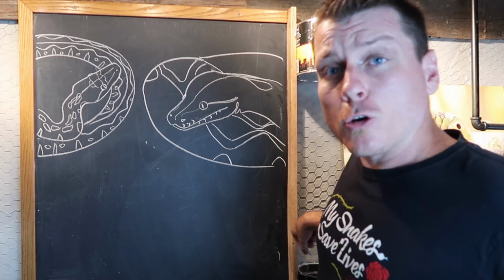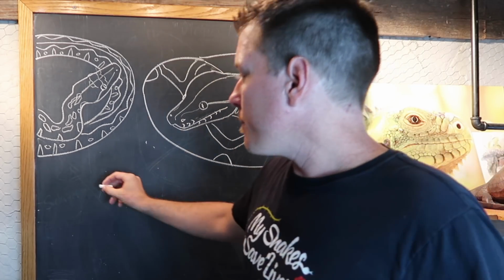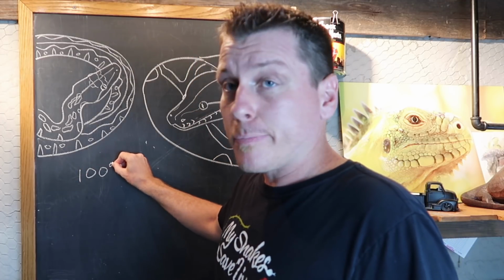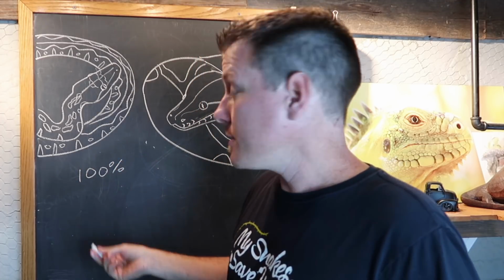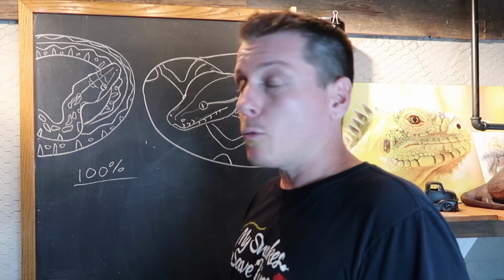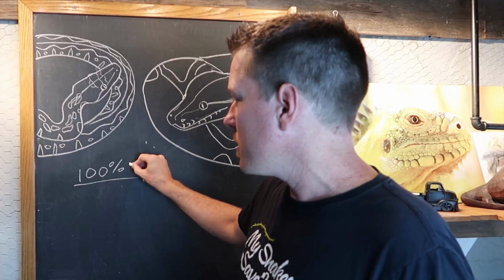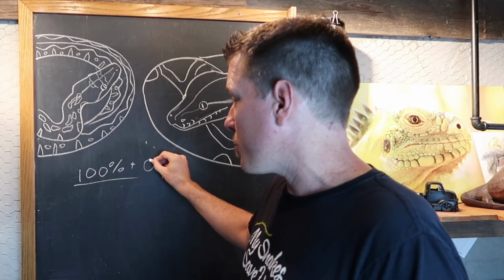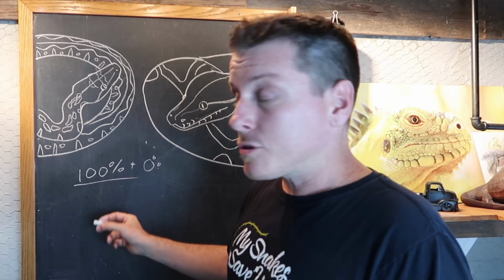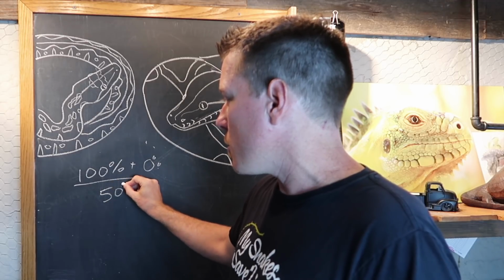A lot of times people say golden childs are dwarfs. The original one was 100%, if he was. But I bred him into, let's say, an albino to make albino golden childs. Well, that albino that I used, probably 0%. So the resulting golden child het albinos are only going to be 50% dwarf.